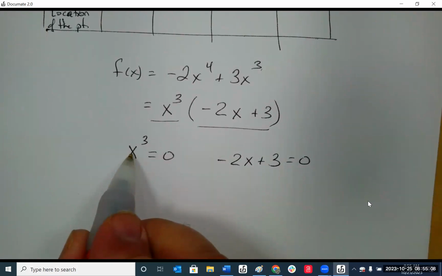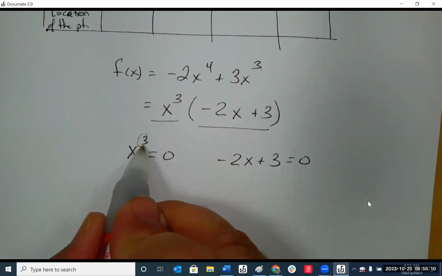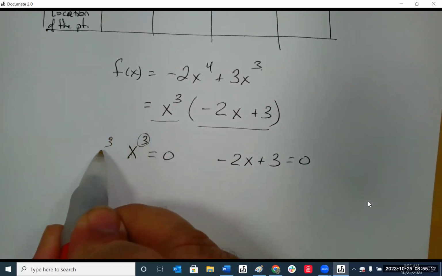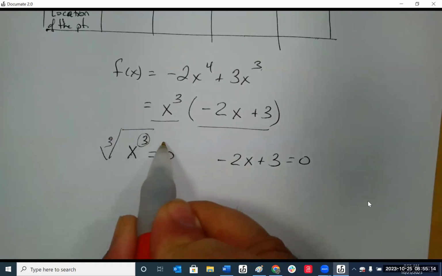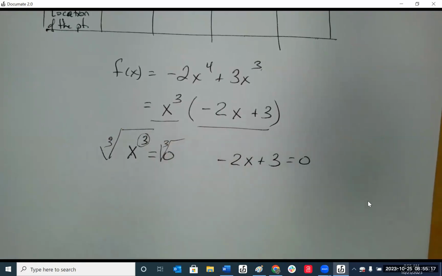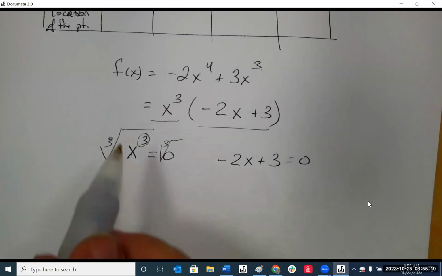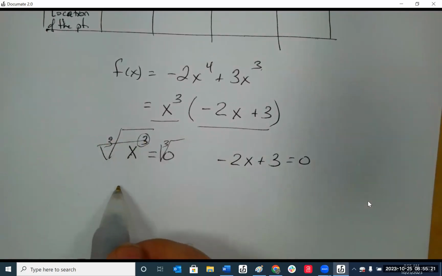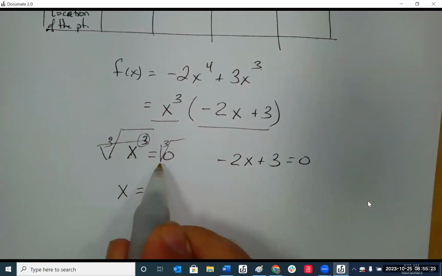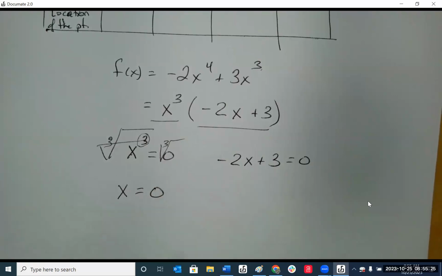For the left one, x cubed. How do we get rid of the cube? We take the cube root of both sides. And they cancel. Cube root of 0 is 0. So there's one x-intercept.